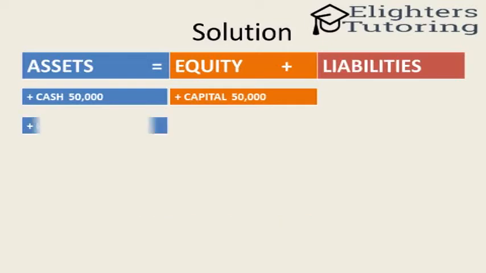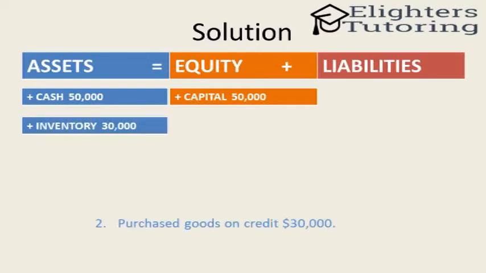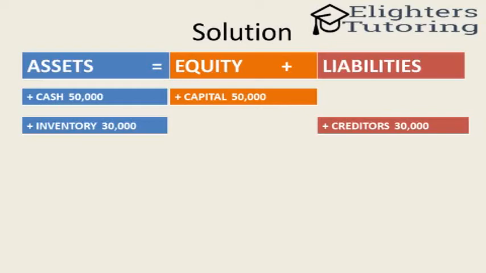The other thing is we purchased on credit, meaning we have creditors coming in. We now have an obligation, a responsibility. So this is our liability, our liability of creditors amounting to 30,000, which increases our liabilities. That is the entry of that transaction.